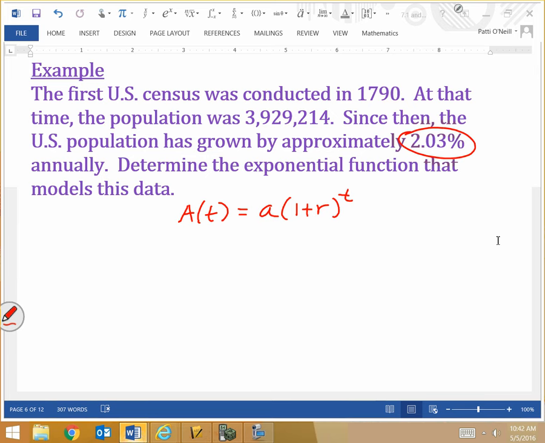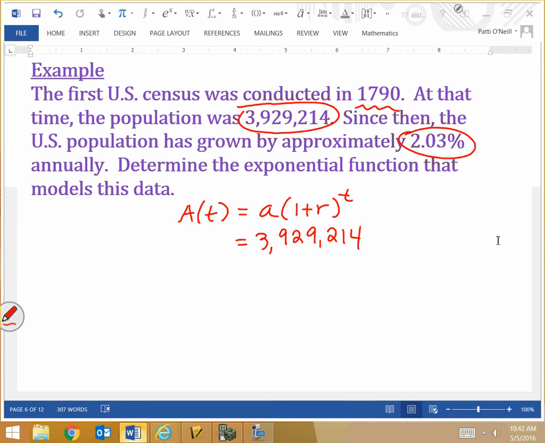The total amount would be the total population. Now, we don't know what that is. All we know is that it's increasing, it's growing. And the initial population that was discussed in the problem when the U.S. Census was started in 1790 is 3,929,214. So that's our a value, our little a value.